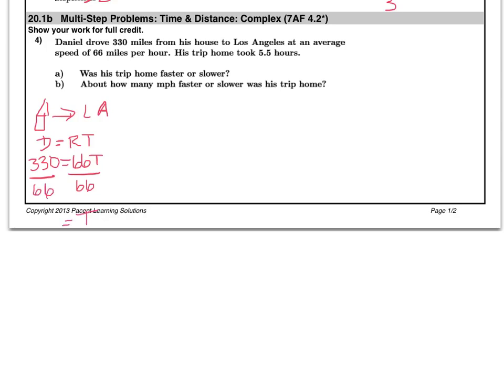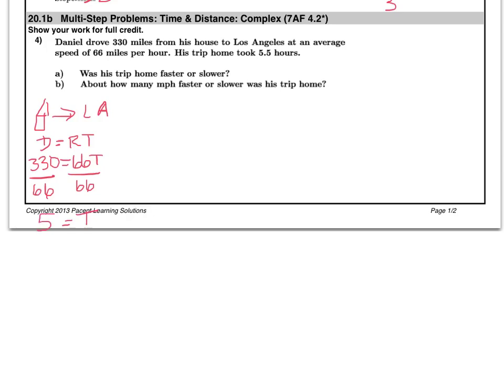So T is equal to 330 divided by 66. And so you can do your long division. And I'm plugging mine into a calculator right now. So 330 divided by 66 is 5.